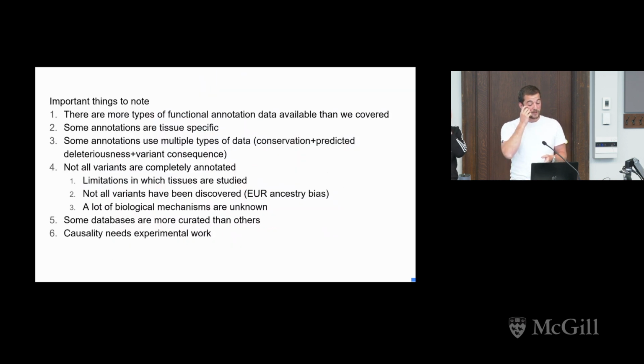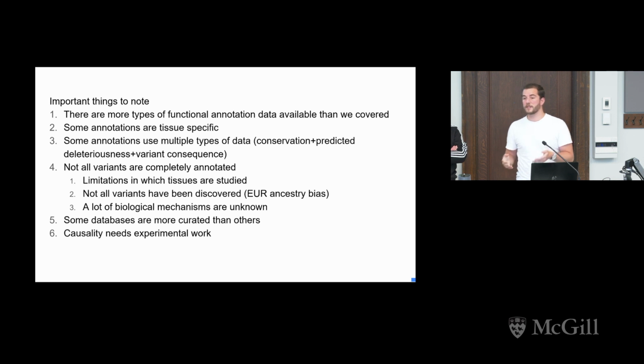So there are a few important things to note that we mentioned before, but I think are relevant. There are more types of functional annotations than the ones we've mentioned here, but these are the most common ones, and also the ones that are often in large databases that encompass the entire genome, which is nice because then you know that you're not biasing your results by the absence of annotations for specific regions.